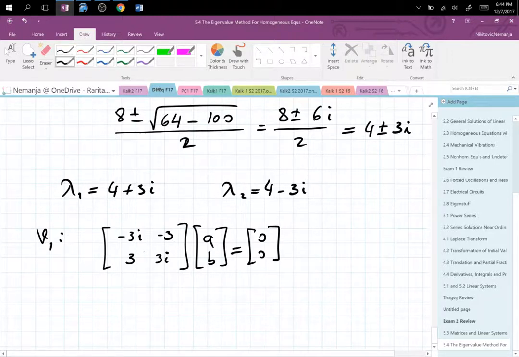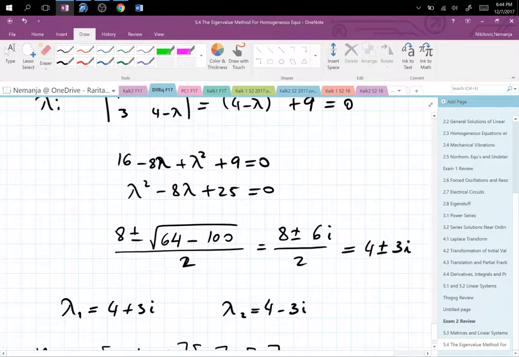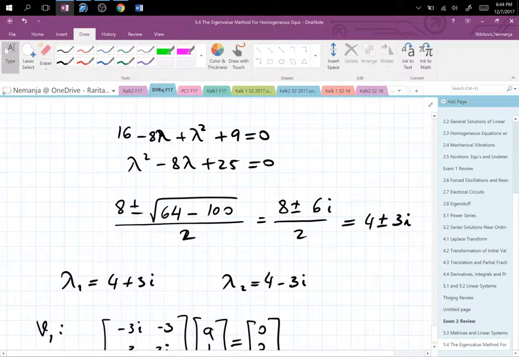These rows are linearly dependent, as you can see. Multiplying by negative 3i on the bottom, you are going to get the same values.